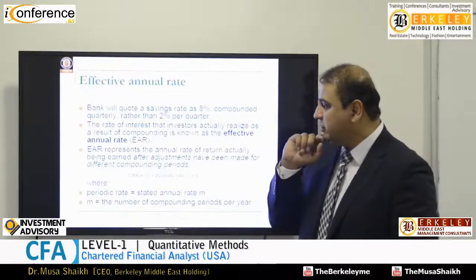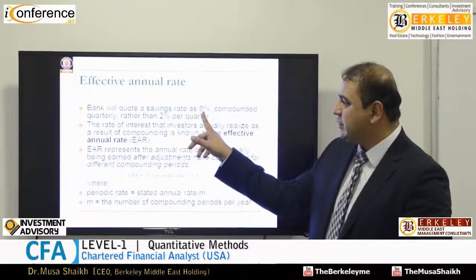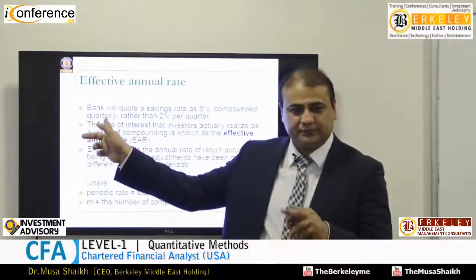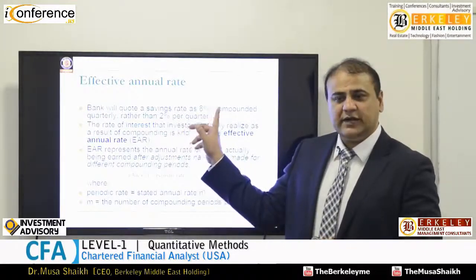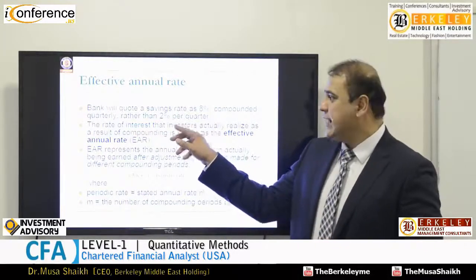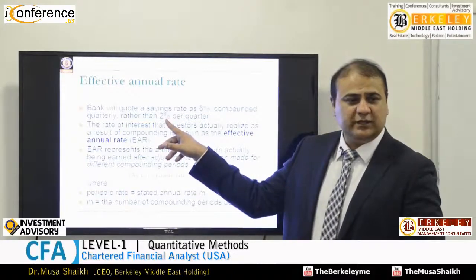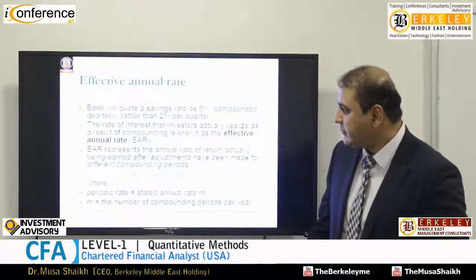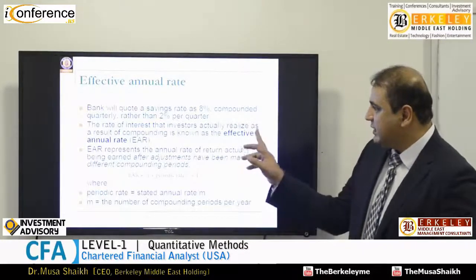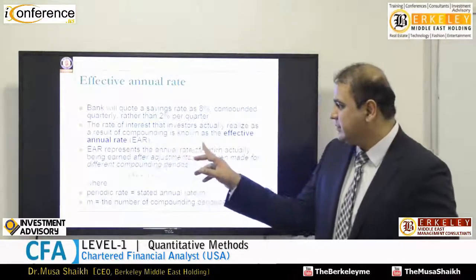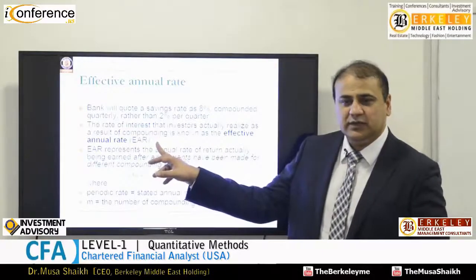So for your example, he said 8% quarterly. Quarterly means 4, so immediately I will divide 8% by 4. That will be my 2% per quarter. The rate of interest that an investor actually realizes as the result of compounding is known as the effective annual rate.